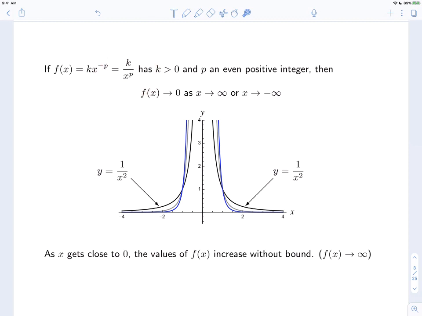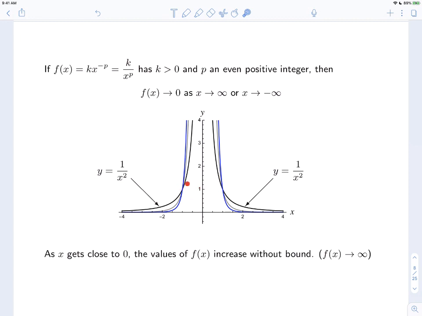And so your result is going to be larger and larger and larger. So imagine that you're dividing by some number which is really close to 0. You can imagine trying to plug in 0.1, and then 0.01, and then 0.001, 0.00001. The smaller the number that you put in for x, the larger the output will be.